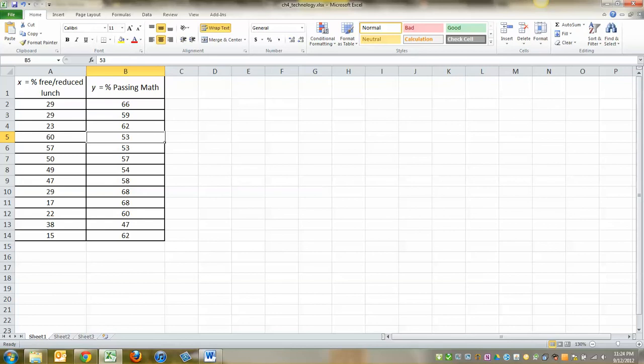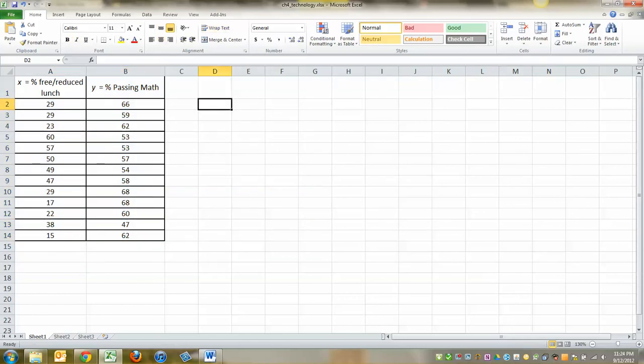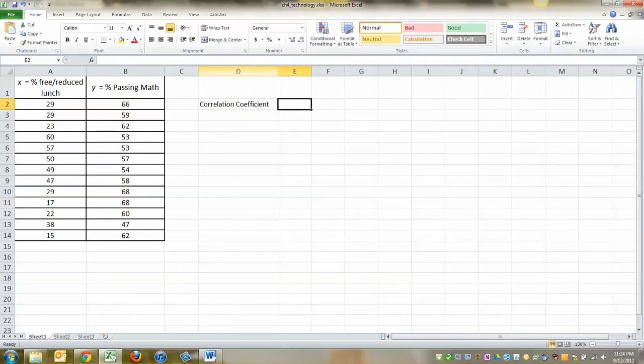Okay, now how do I do this? Well, there's a couple ways in Excel. However, the method in Excel, let me put it right here, correlation coefficient. So Excel will do this, and we're going to do this in StatCrunch. Personally, I very much prefer StatCrunch for this, but we're going to do it in Excel as well. Okay, now the way to do it in Excel is there's actually a formula.